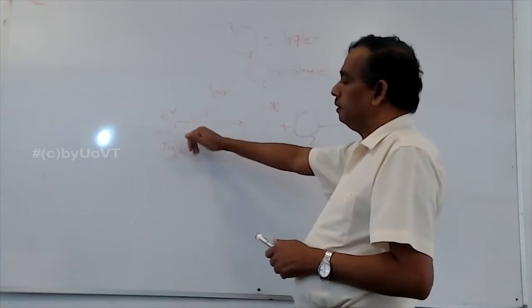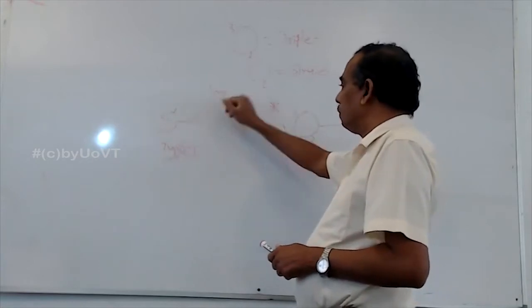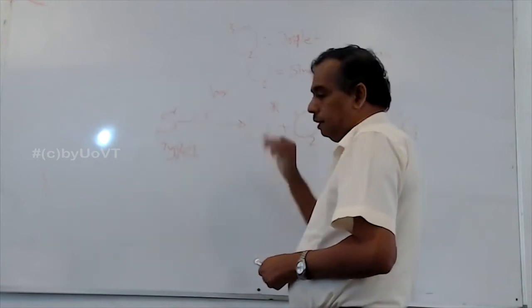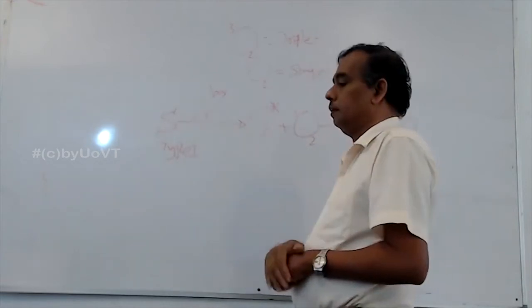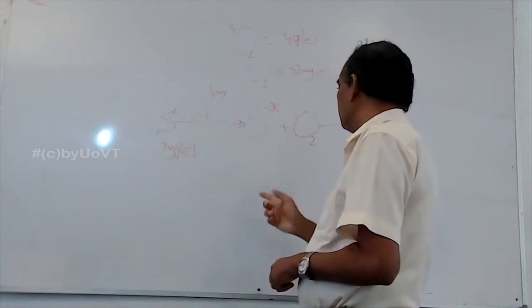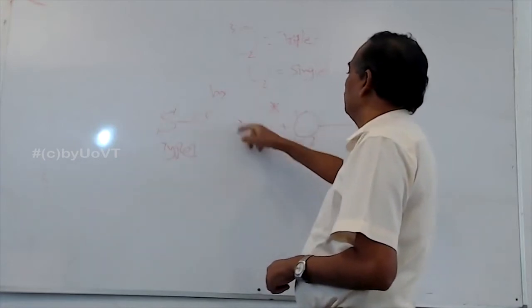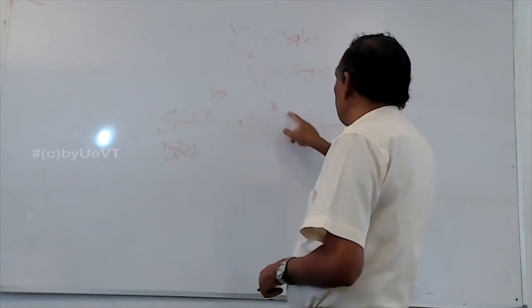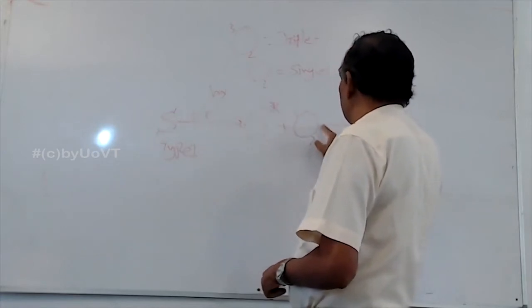This type 1 sensitizer absorbs the photo energy from the outside and converts into a high energy compound. That is the first step. The next step is that the high energy tries to transmit to the triplet state, normal oxygen.